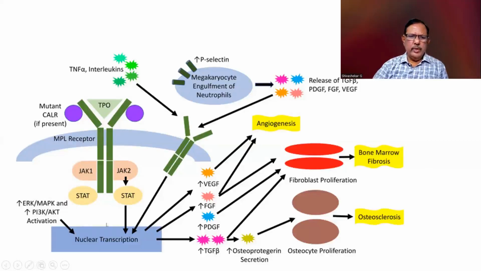So there is a nuclear transcription which can produce various growth factors such as vascular endothelial, fibroblast growth factor, platelet derived, etc. And these will lead to angiogenesis, fibrosis of the marrow, and osteosclerosis. Also there is a progressive destruction of the megakaryocytes. So this is a good picture. I would like you people to have it in mind.